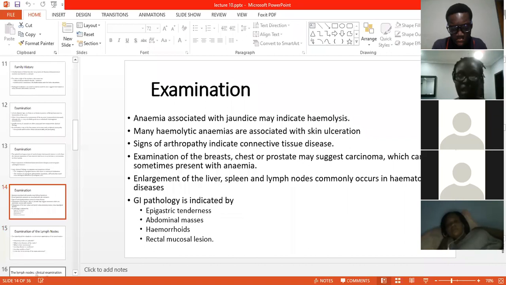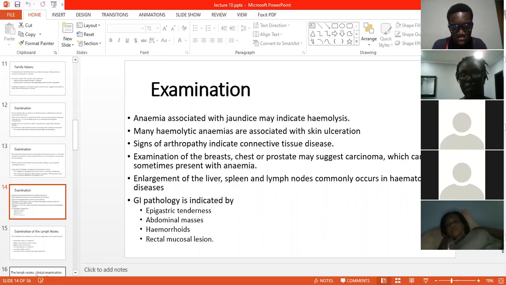If the anemia is associated with jaundice, for example, hemolysis occurring in G6PD or sickle cell disease, the patient will have a yellow coloration of the sclera. And sometimes too, if it is a chronic hemolytic anemia like sickle cell, you'll have skin ulcerations.